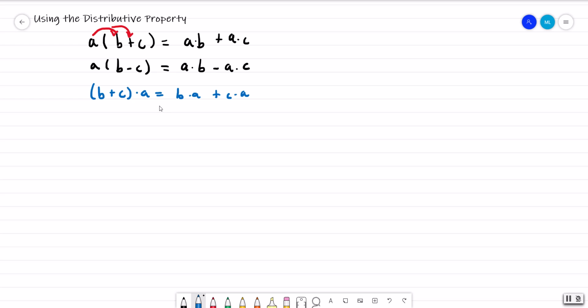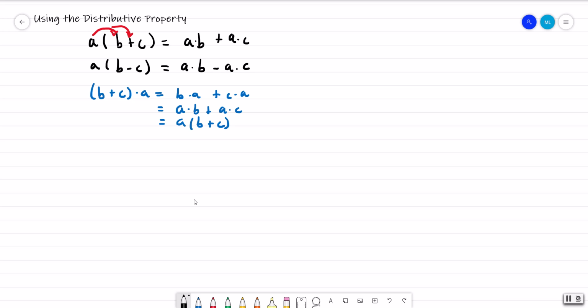But then the multiplication is commutative, so you have a times b plus a times c, which is the exact same thing, which would essentially mean that this is the same as a multiplied by b plus c.